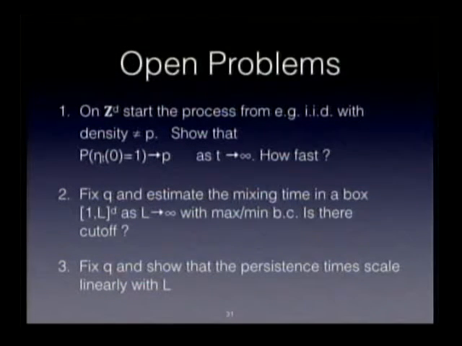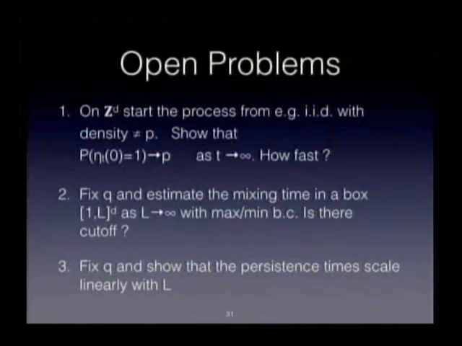Because we only really know the relaxation time. Relaxation time is an L2 quantity. Here you are starting from like an infinite perturbation of the reversible measure. There is no chance that with an L2 quantity you can prove that. So you need that extra tool. Maybe now we are on the right track.